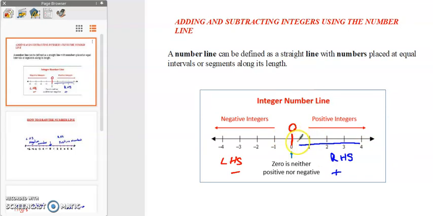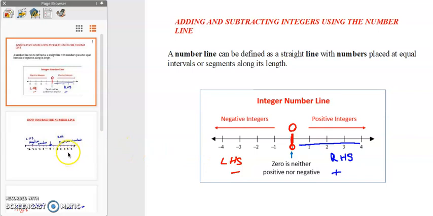Just a little short recap. Whenever you are looking at the number line, 0 falls right in the center. On the right hand side of 0, you have positive integers, and on the left hand side you have negative integers.